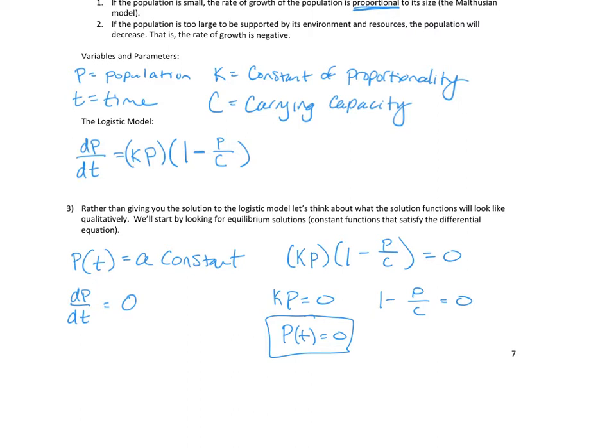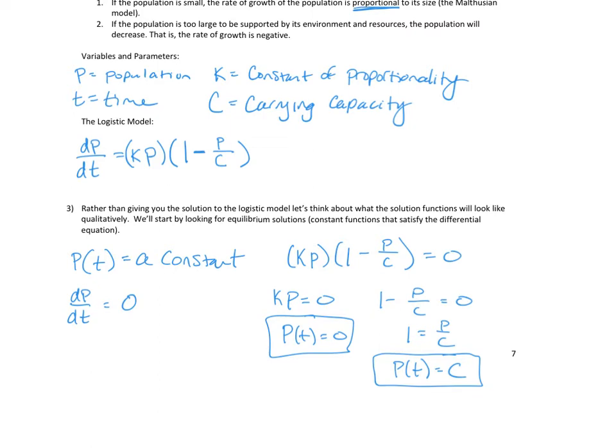And then if I look at my other equation and I want to solve for P, I get 1 equals P over C. Multiply both sides by C, so I get P of t equals C, the carrying capacity. So I have two equilibrium solutions. P of t equals 0. So if your population size is 0, it will stay 0 forever. And if your population size is C, the carrying capacity, it will stay at the carrying capacity forever.